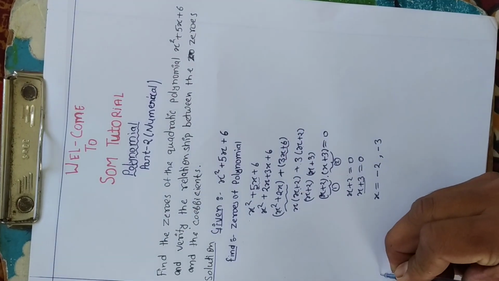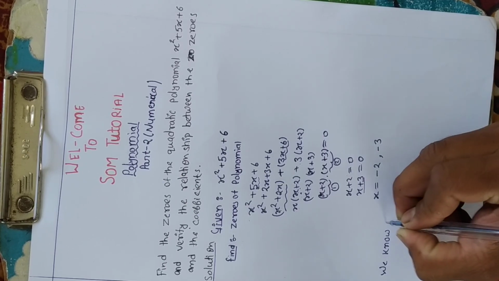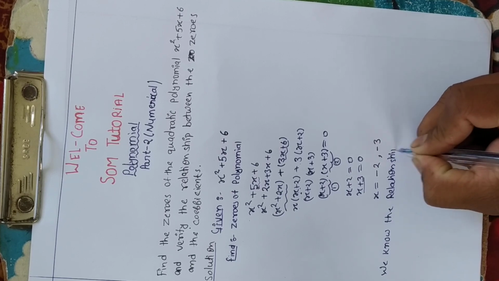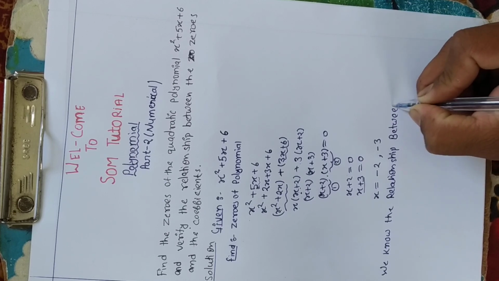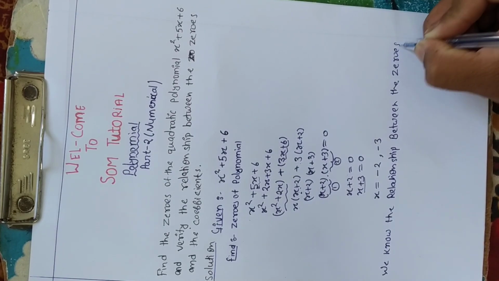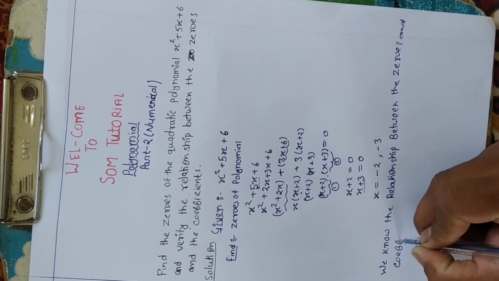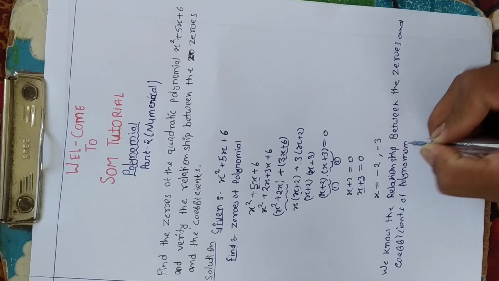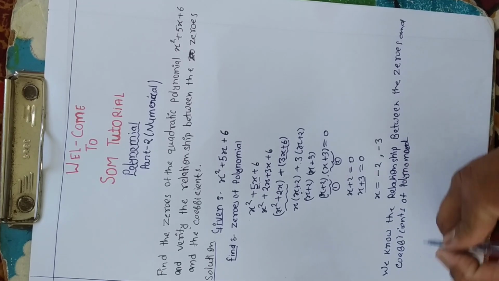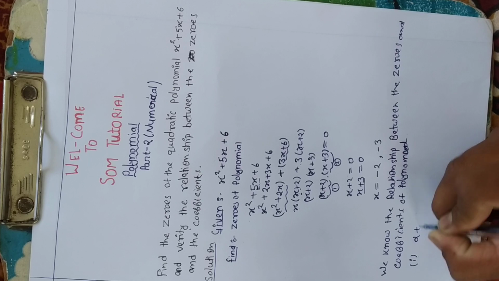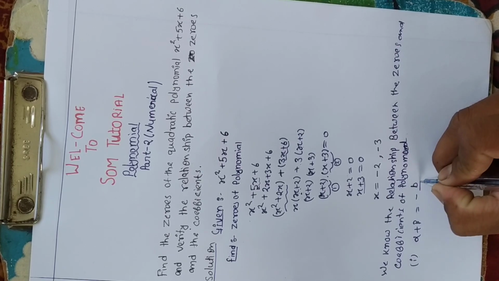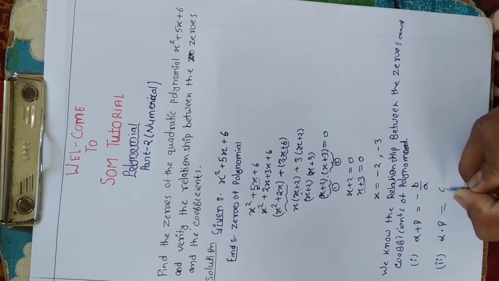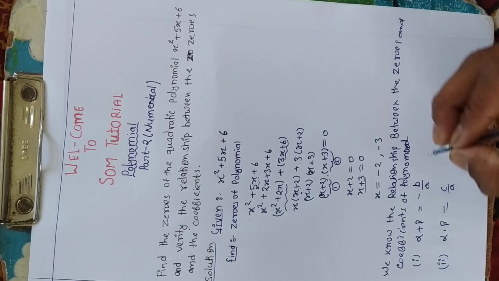So we know the first relation is sum of zeros, that is alpha plus beta is equal to minus b by a, and the second relation, alpha into beta is equal to c by a. So now let us verify the relation.